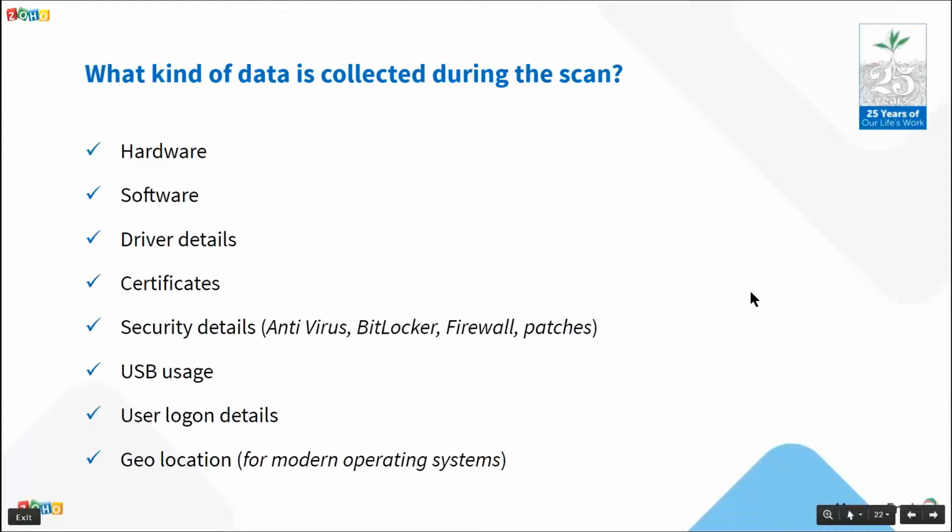Even if you enroll this device, Windows 10 or Mac device, into mobile device management for modern management, we can even track the location of the device. Let me show you how we collect this data.